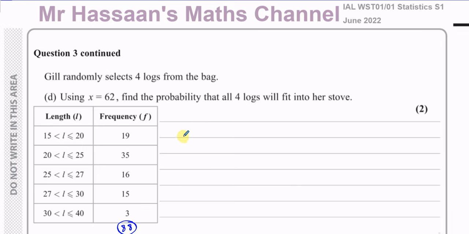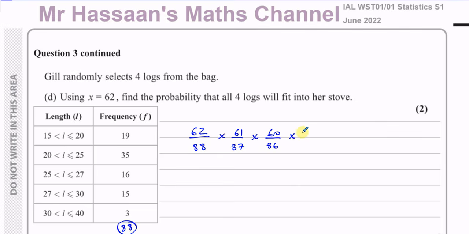The probability that the first log will fit into her stove is 62 out of 88. And the probability that the second log will also fit is, well, there's 62 logs that fit, but 1 has been taken out, so there's 61 left out of 87 left in total. And you pick a third log, there's only 60 logs left out of 86. 60 logs which are of the correct size out of 86 logs altogether.